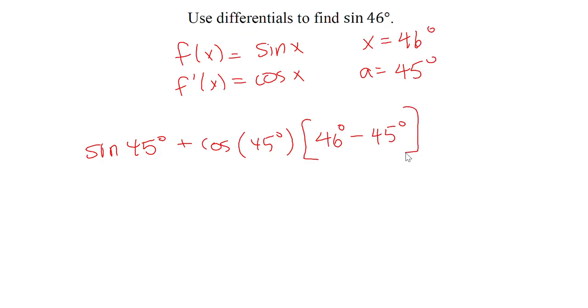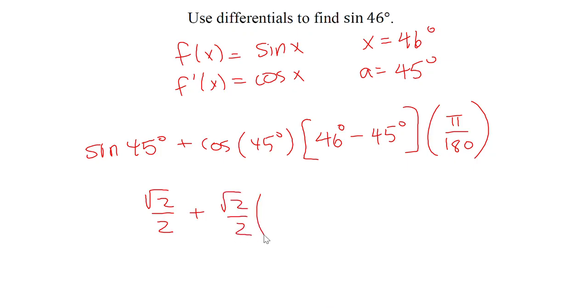But the problem there is going to be that in the real world, degrees don't really mean anything, right? Radians have a real measure in the real world, so we must convert the degrees here into radians. So we have to multiply by that factor of pi over 180. And so what we end up with is root 2 over 2 plus root 2 over 2 times pi over 180.